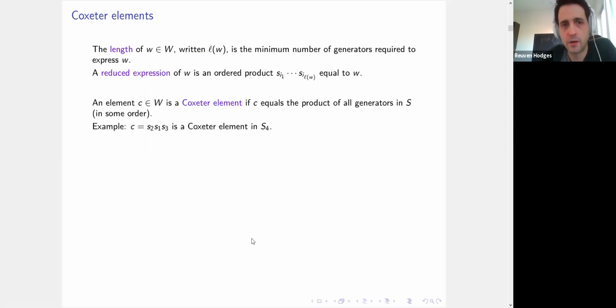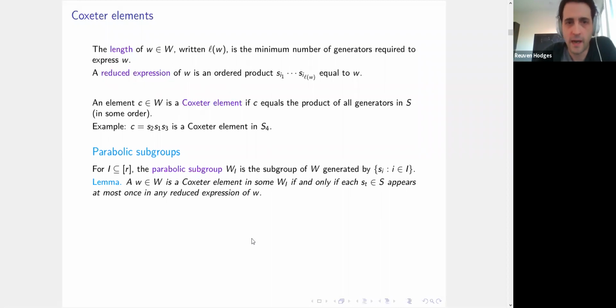Okay, and so an element is a Coxeter element if it equals the product of all of the generators in your Coxeter group in some order, right? So for example, S4 has 3 generators, and so S2, S1, S3 is an example of a Coxeter element, okay?